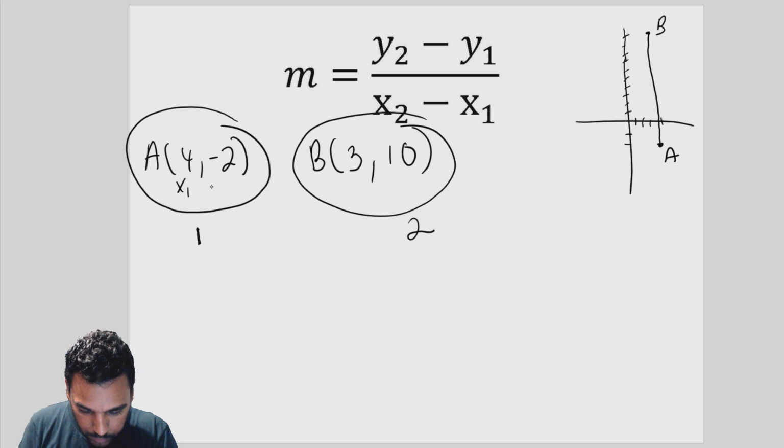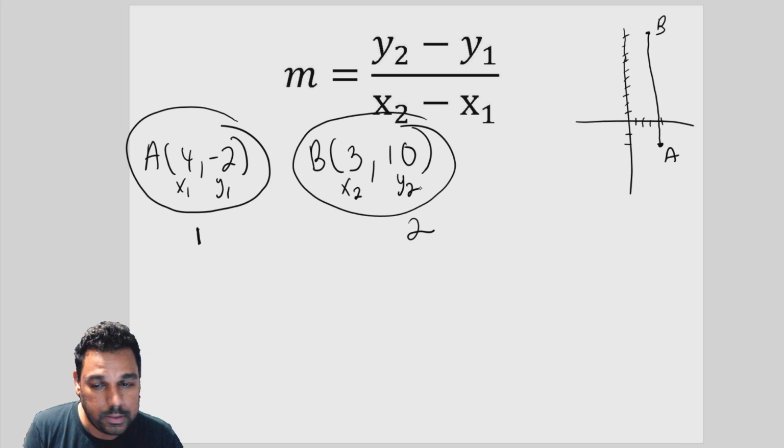So if I'm making this first one your 1s, then you have an x1, y1. And if the other point is going to be your 2s, then we're just going to make that your x2, y2. I could have swapped those around. I could have made the A my 2s and the B my 1s. Whatever the case, no matter how you work it out, you'll get the final answer the same.